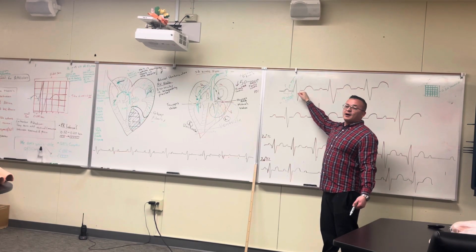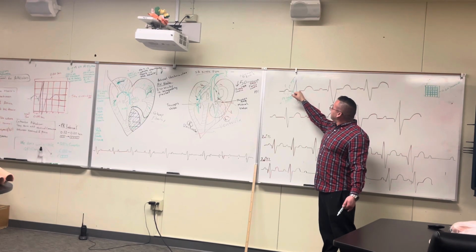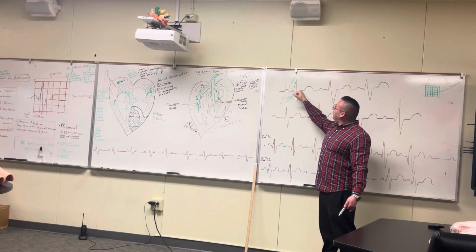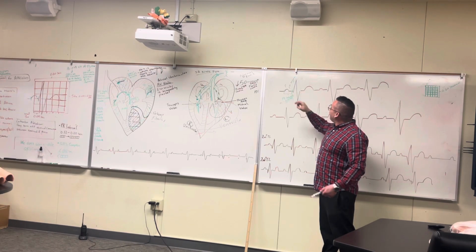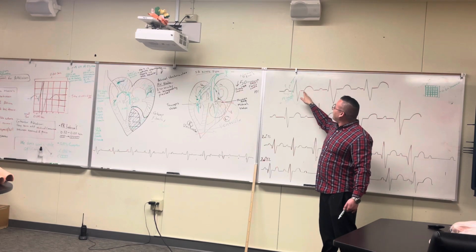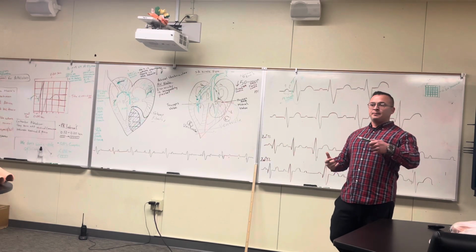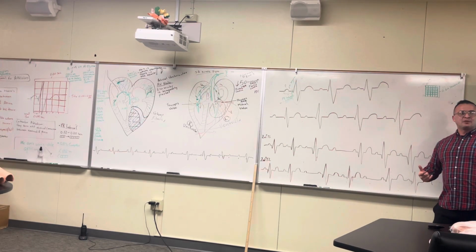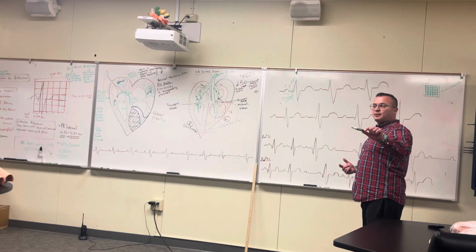Who can recall? I didn't talk about this a lot, but let's see. Do you know what this means, the line, the ST segment, from the end of the QRS to the beginning of this big old hump right there? What does that kind of represent? Look it up. If she can't remember, somebody else tell me real quick.